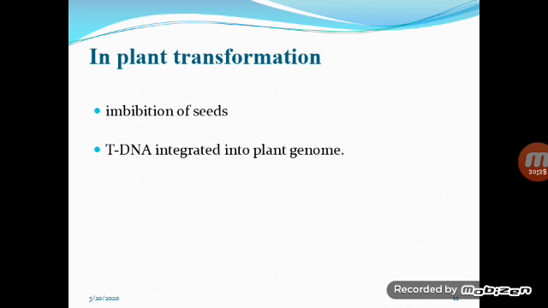In planta transformation can also be achieved by imbibition of seeds in a fresh culture of Agrobacterium. tDNA becomes integrated into the plant genome. It appears that Agrobacterium cells enter the seedling during germination and are retained within the plants. When flowers develop, the zygote or cell becomes transformed.